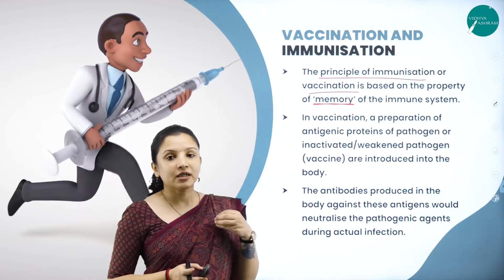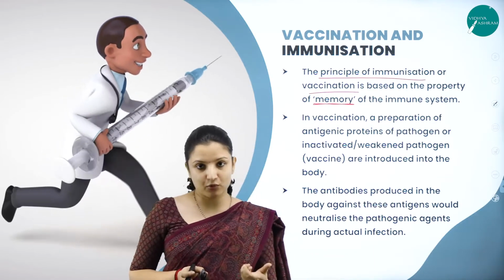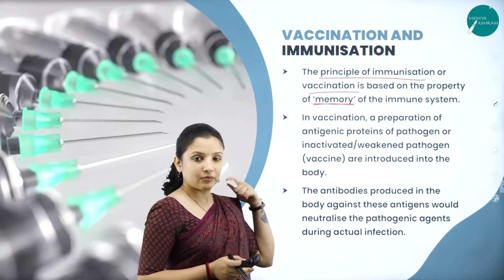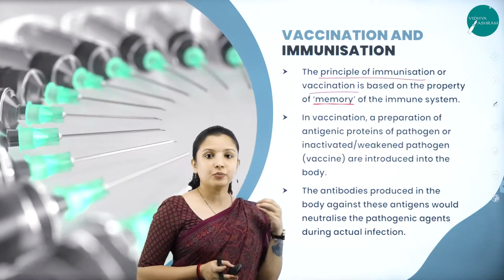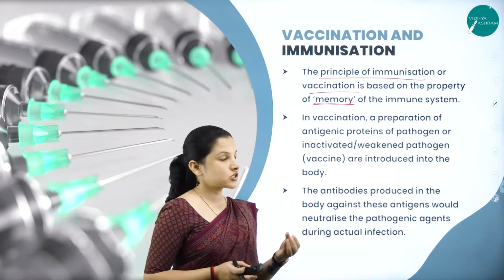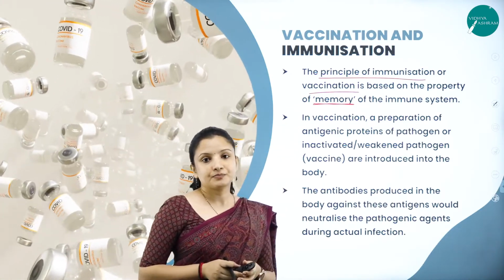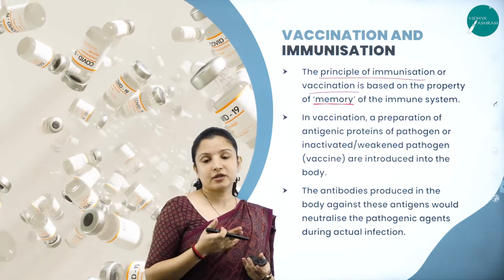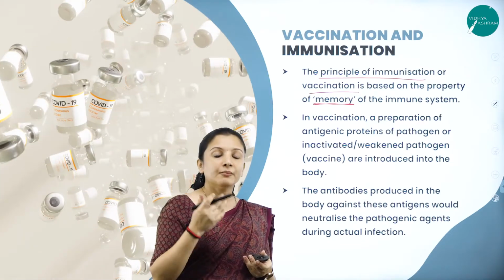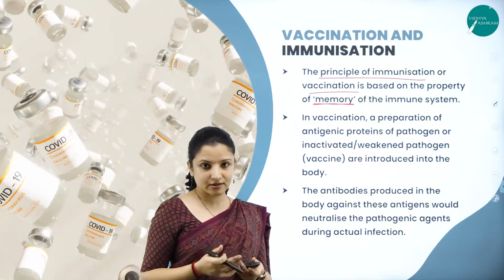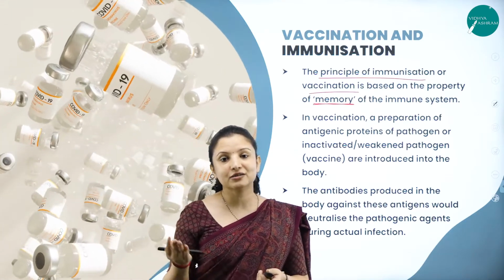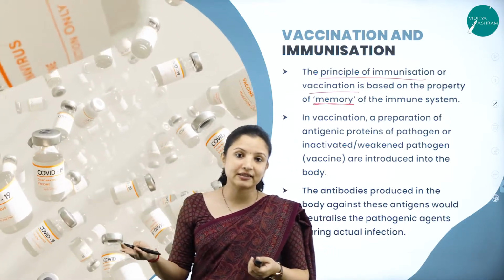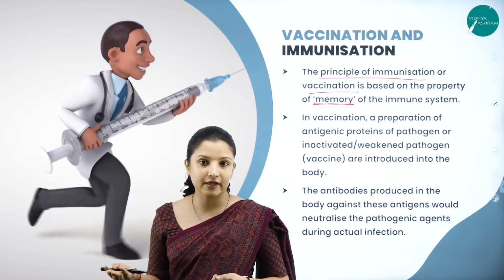So therefore, the immunity of a person's body, be it the immunity developed because of giving immunization or because of providing vaccination, depends on the principle of the memory that is there in the immune system. The best example that we can take is the coronavirus, wherein we have certain vaccines that have been developed for coronavirus, right?